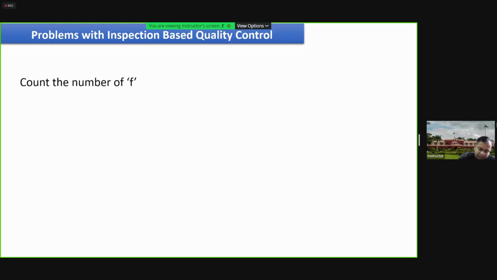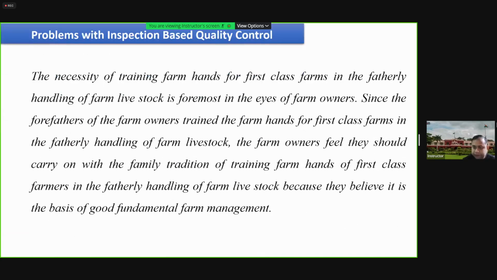In the next slide, there is a paragraph, and you need to count the number of F's in it. I will ask a few of you to volunteer. We'll take 30 seconds and you have to count the number of F's in this paragraph.